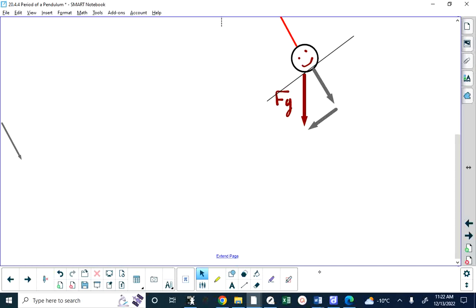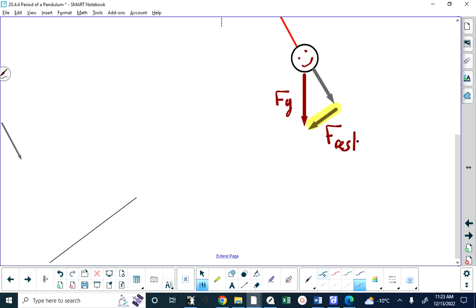But at this point in time, it is moving in the direction indicated by this vector. That's the direction the bob is moving at that point in time. And that's the direction of the force that's acting to move the bob towards the equilibrium position. So this is the restoring force. Again, it's not on a ramp. This was just here to draw a comparison. This must be the restoring force.